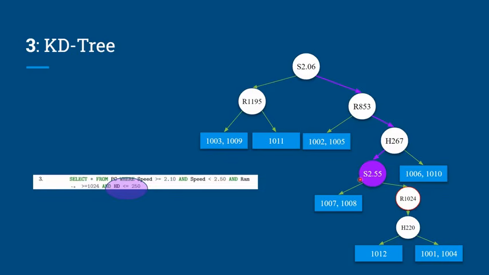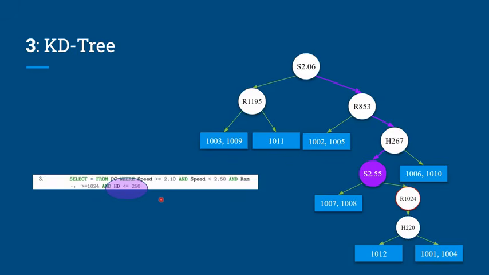Then what? At this node, should we go left or right? We are considering speed at this point, and the speed is 2.55. And here we got speed in our query should be greater than or equal to 2.10. Well, 2.55 is greater than 2.10.